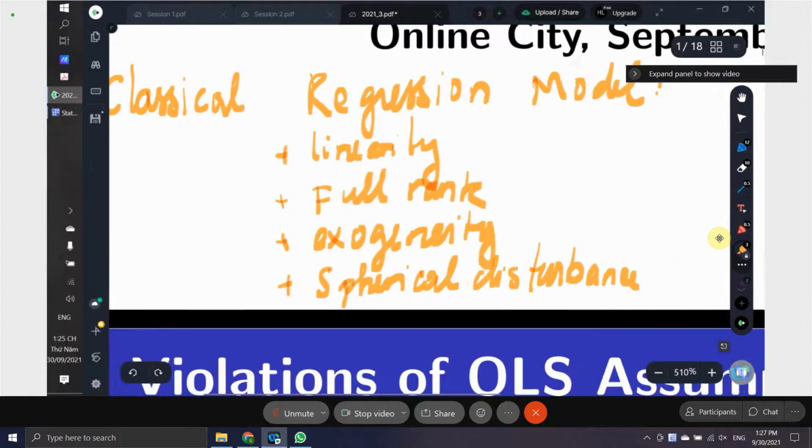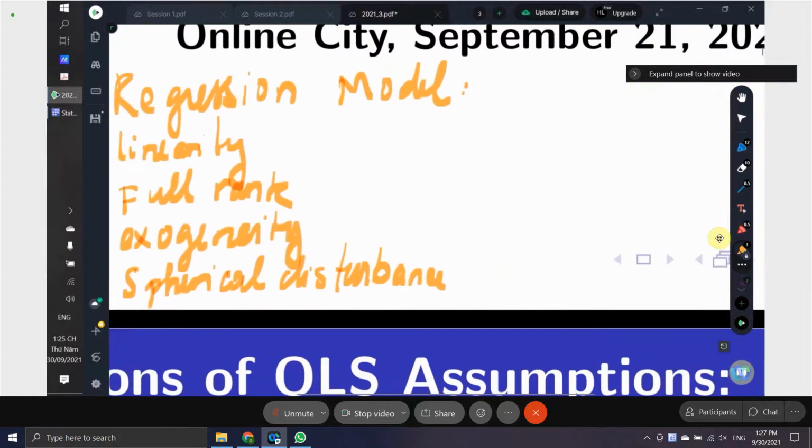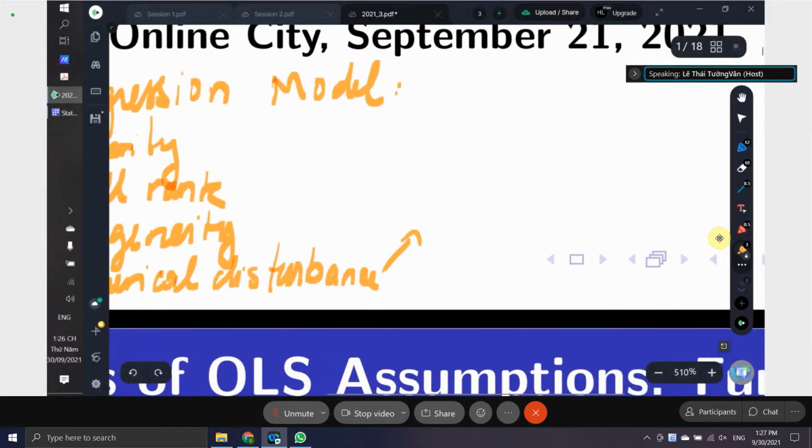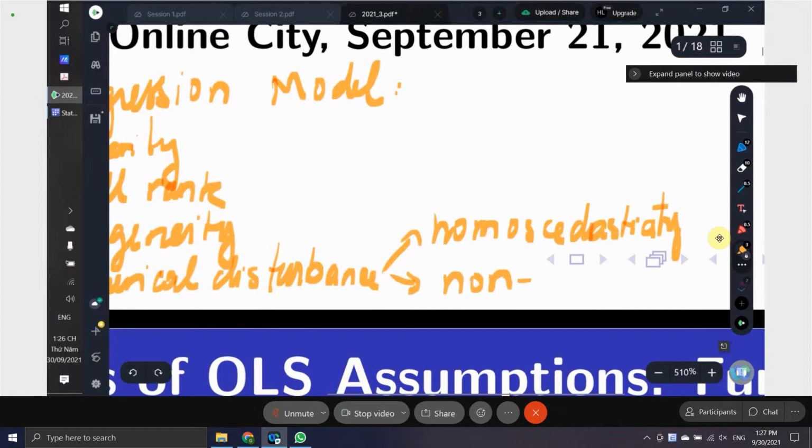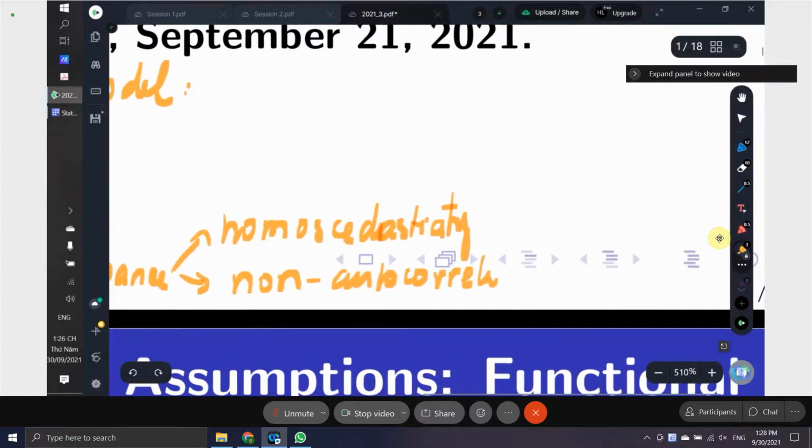This spherical disturbance assumption involves 2 assumptions. One is the so-called homoscedasticity. And then you would have the non-autocorrelation. Okay.